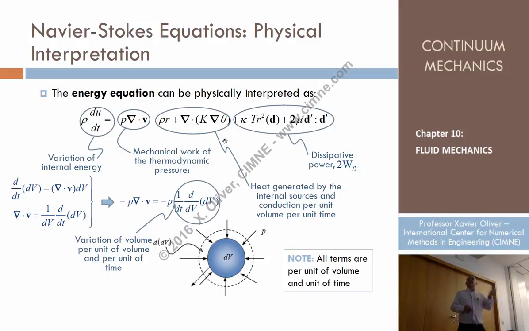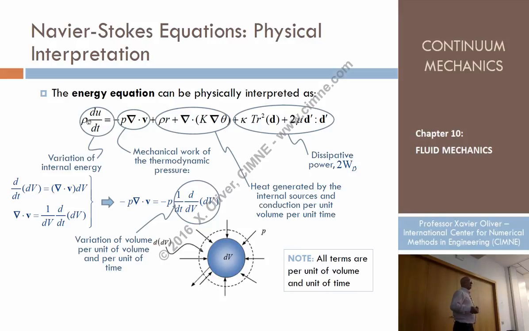And now let's do the same exercise in terms of the energy equation. Let's try to interpret the energy equation that looks like that. What is that? Well, that is the variation of the internal energy. Look, the internal energy is all the energy minus the kinetic energy, right?